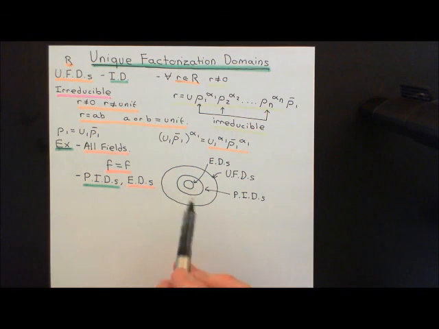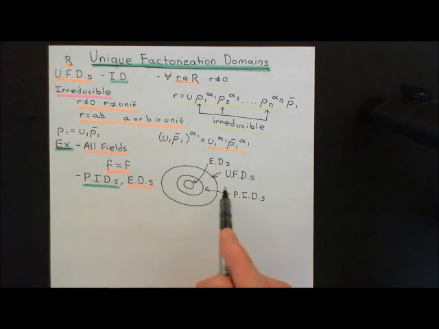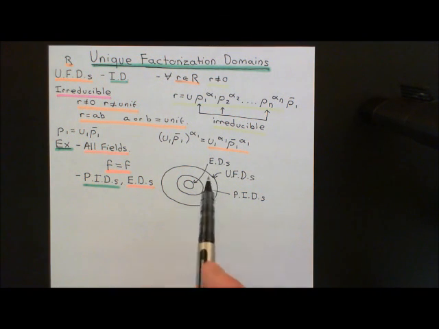Okay, so we've discussed previously that all Euclidean domains are principal ideal domains, but not all principal ideal domains are Euclidean domains. Now the same relation holds true for principal ideal domains and unique factorization domains. We're going to show that all principal ideal domains are unique factorization domains. What we're not going to show, but which is true, is that not all unique factorization domains are principal ideal domains.